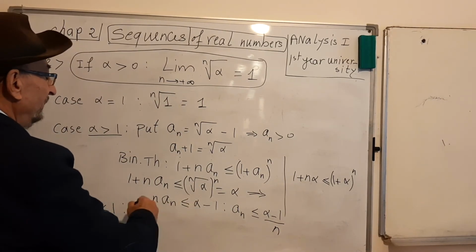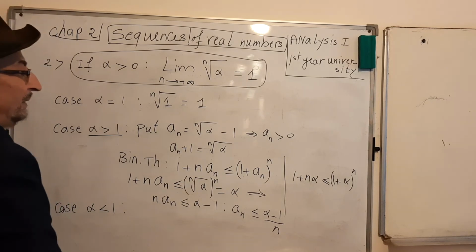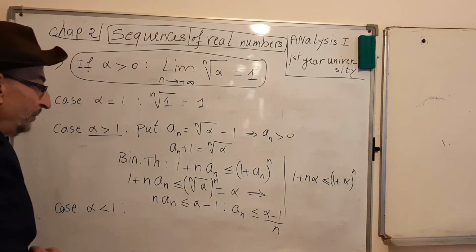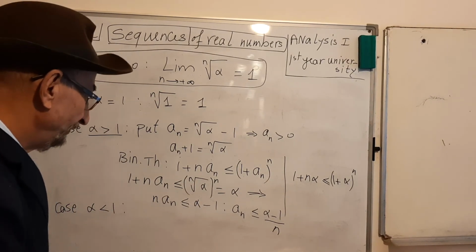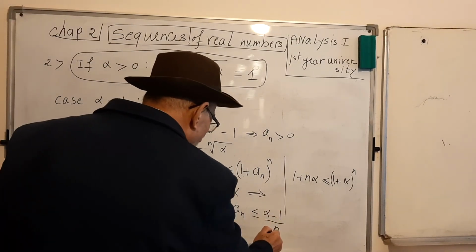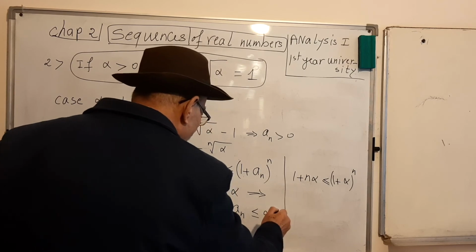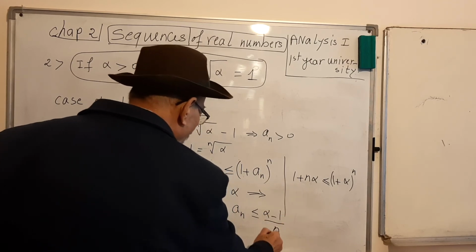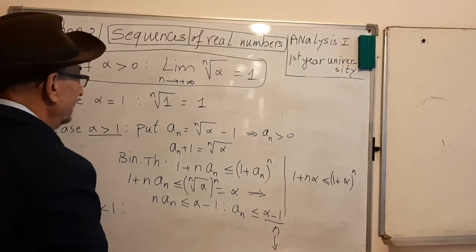We can divide both sides by the positive integer n. Now, (alpha minus 1) over n tends to 0 as n tends to plus infinity.